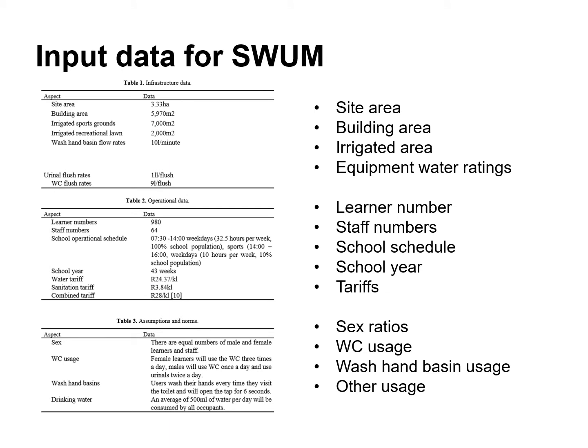So the inputs that we've used in this case study are a set around buildings on the site, a set around occupants, so learner numbers, staff numbers, the schedule over a year, tariffs, and then some detail on ratios and usage, some assumptions in terms of how equipment is used over the year.